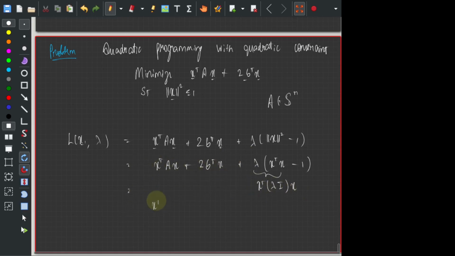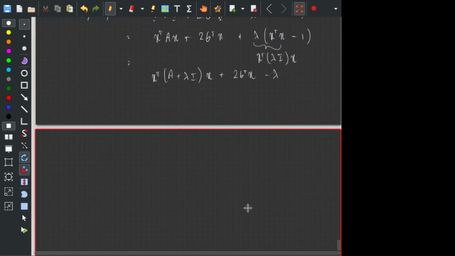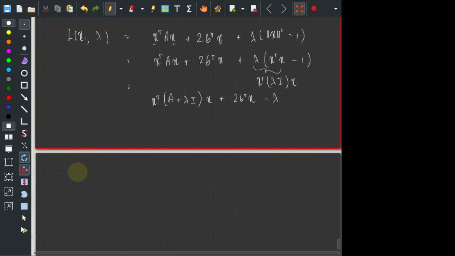So this is equal to x transpose (A plus lambda I) x plus 2b transpose x minus lambda. What is the Lagrange dual function equal to?